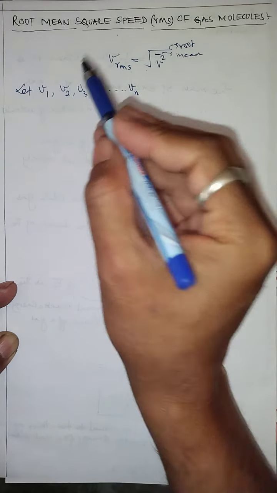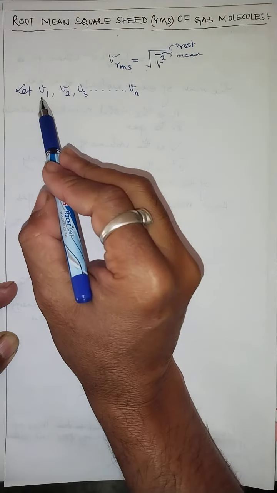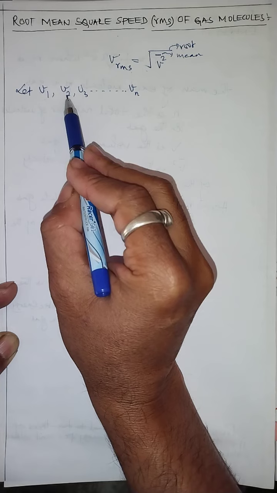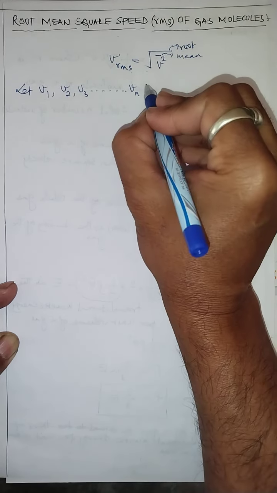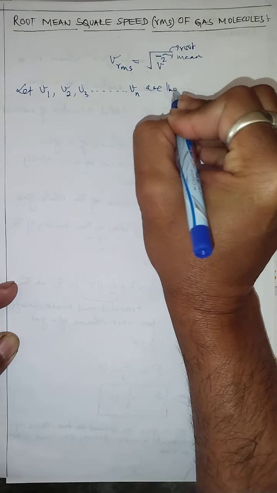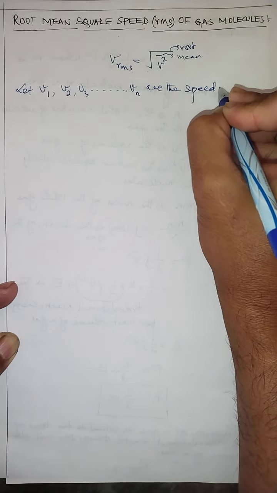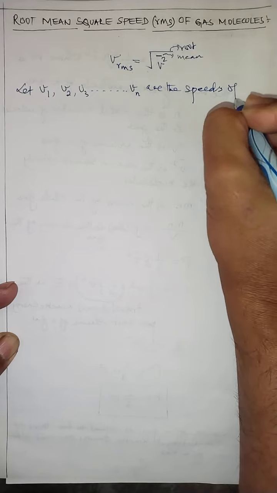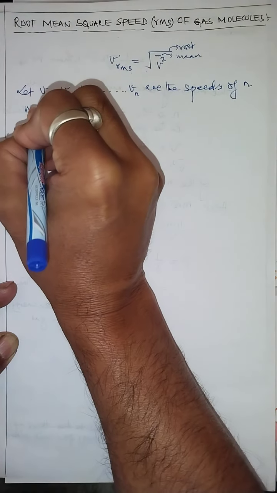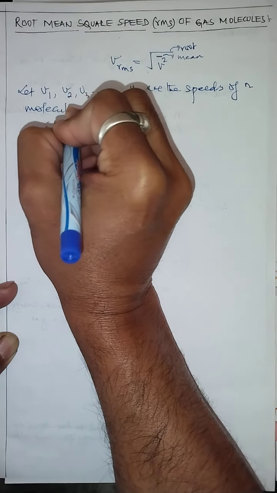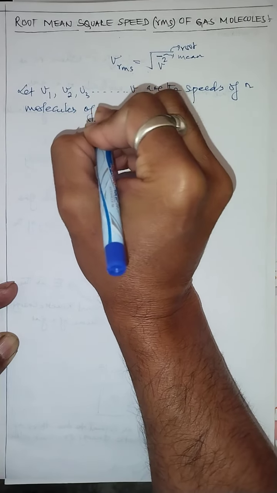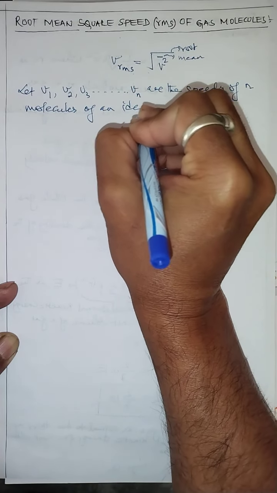All the molecules have different speeds, v1, v2, v3 up to vn. These are the speeds of n molecules of an ideal gas.